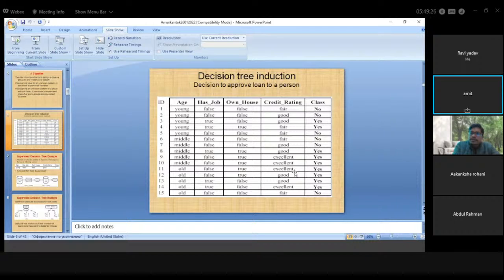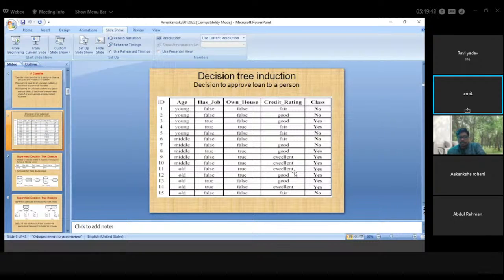The whole subject may be decision tree, the whole subject may be neural network, the whole subject may be support vector machine. They are very, very lengthy topics. So I'm not going into that much detail, looking at the time limit, and I also have to cover unsupervised classification. So first we start with supervised classification.